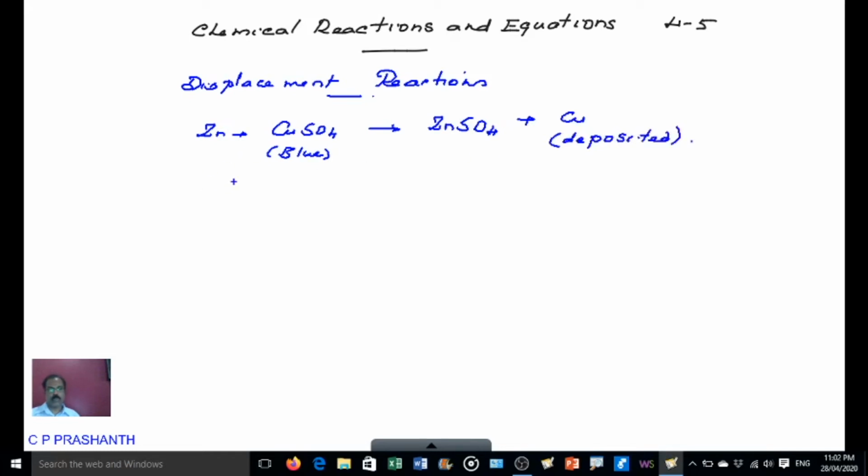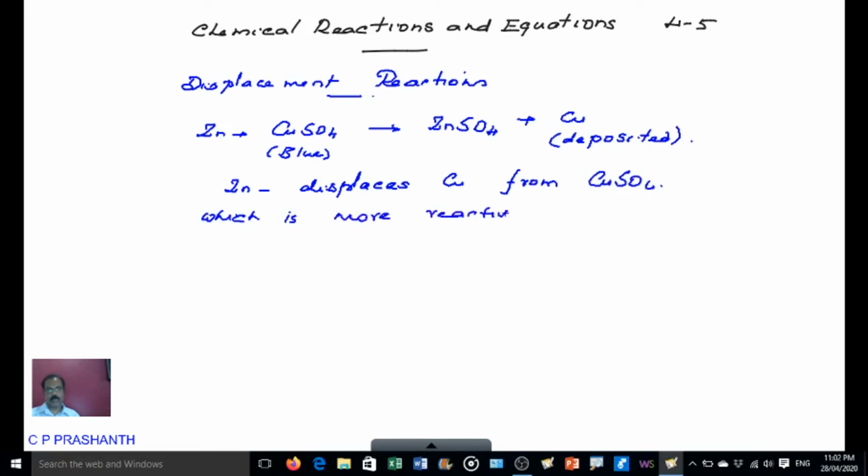You can, if you want, see those videos again if you have any doubt. So what happened in this case is zinc has displaced copper from copper sulfate solution. Now copper sulfate is slowly getting converted to colorless zinc sulfate. That is why the solution became colorless after some time.